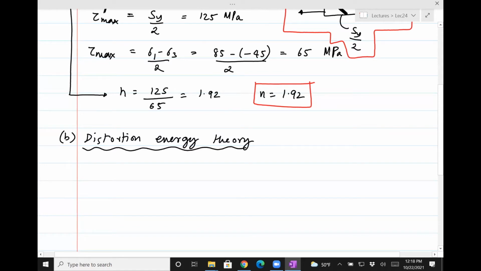Okay. Now in this case, there are two formulas you can use. One is the von Mises in terms of sigma A and sigma B. Or you don't really need to calculate the principal stress; you can also use this other one.